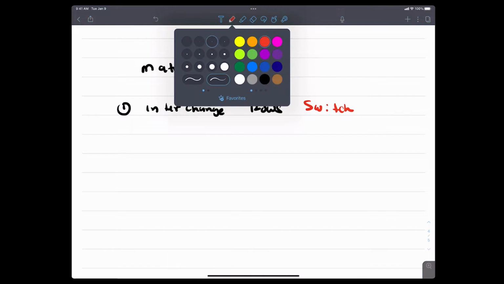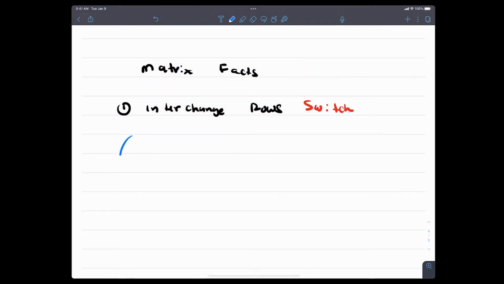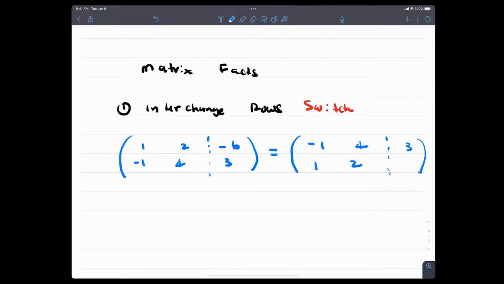Okay, so for example, what we're saying you can do, if this is 1, 2, negative 6, and I got negative 1, 4, and 3. What do you think that means? That means this matrix is the same as negative 1, 4, 3, 1, 2, negative 6. Do you guys notice what I just did? Yeah, I switched the rows. Here's row 1. Where is it now?